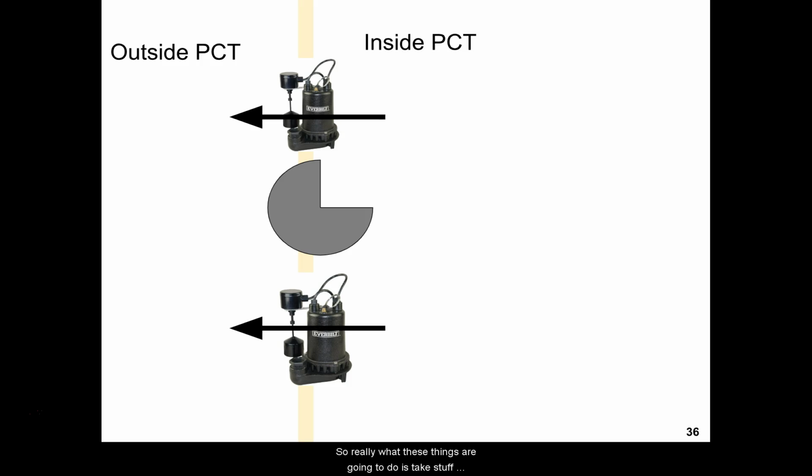So really what these things are going to do is take stuff inside the PCT and push it across or against its concentration gradient to the outside of the PCT. So you'll remember that things typically only diffuse from areas of high concentration to low. But because you have these pumps and you have these proteins here, you're going to be able to actually push things from a low concentration to a high concentration.